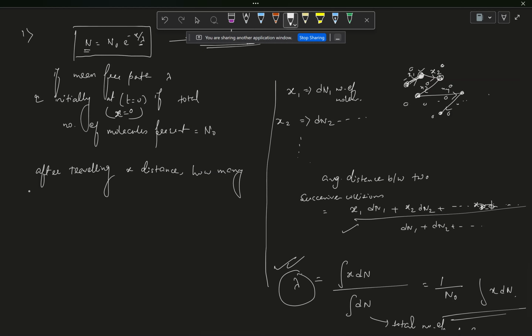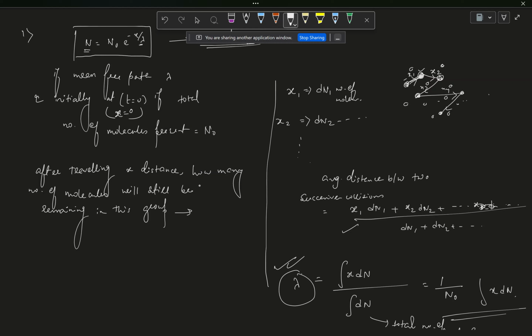how many molecules will still be remaining in this group, the group of molecules we started with, whose number is n naught?